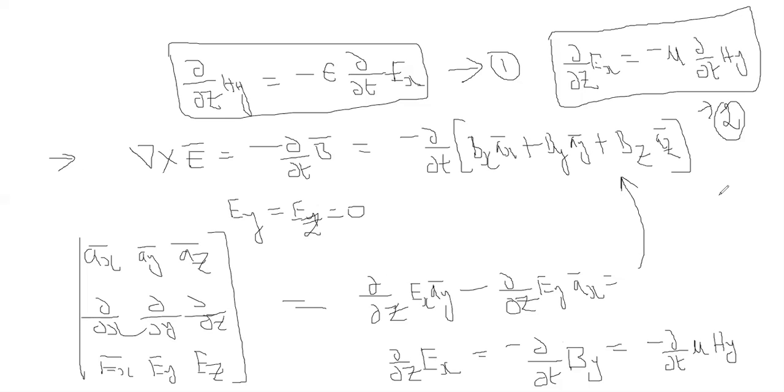Now similarly here also you can see the electric field in terms of the magnetic field: dou by dou z of Ex is equal to minus mu into dou by dou t of Hy. Okay. Now using these two equations, one and two, you can derive another equation.